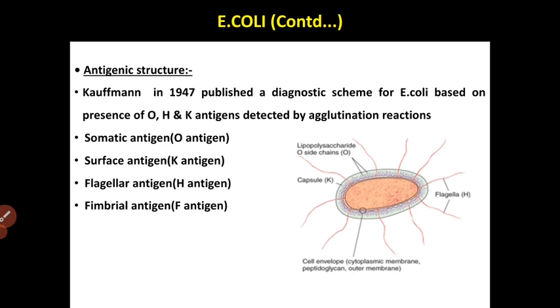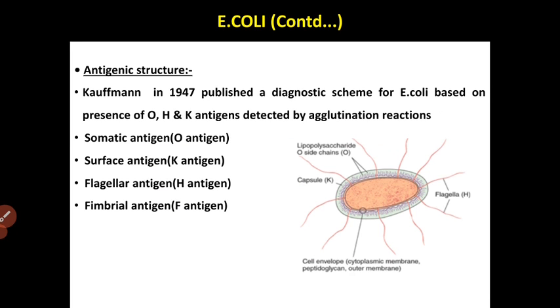Got it? Now O antigen, somatic antigen. These are heat stable. These are heat stable. Next, they can be overcome by inagglutinability caused by K antigens. Fine.